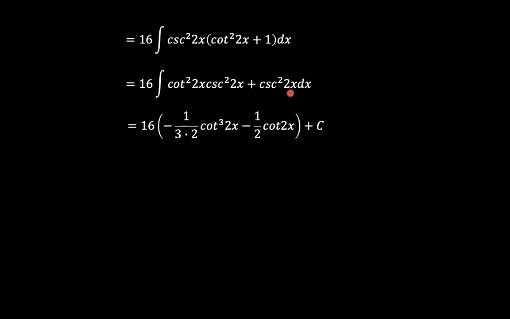To take care of the 2x here, we have a negative half. And so now our integration is negative 8 over 3 cotangent cube 2x minus 8 cotangent 2x plus c. And that is our answer. Very interesting.